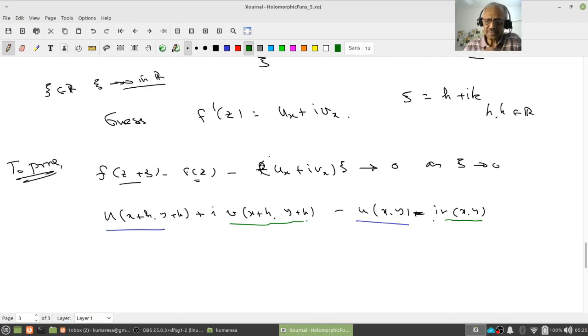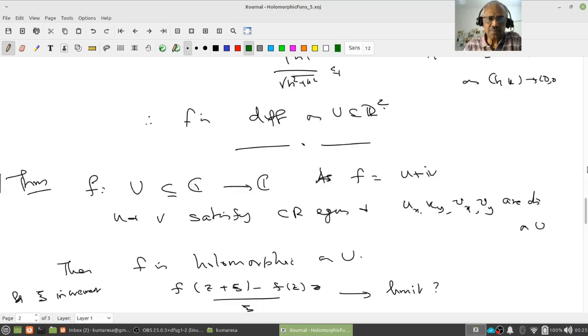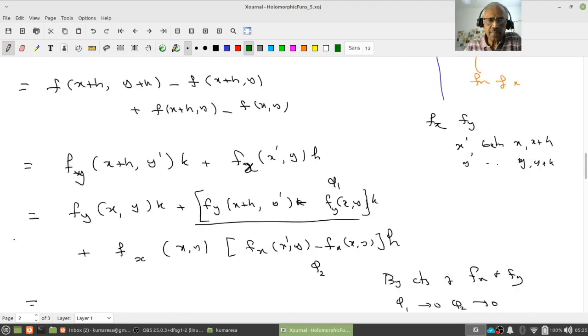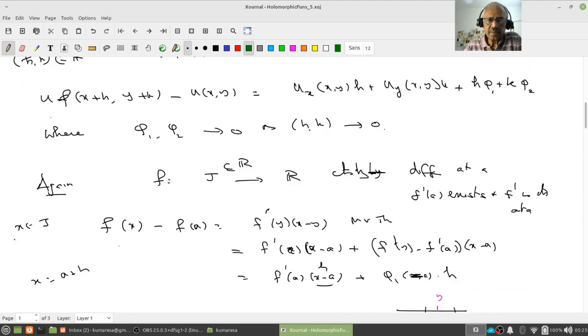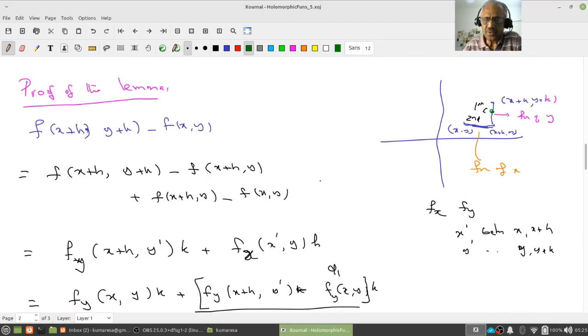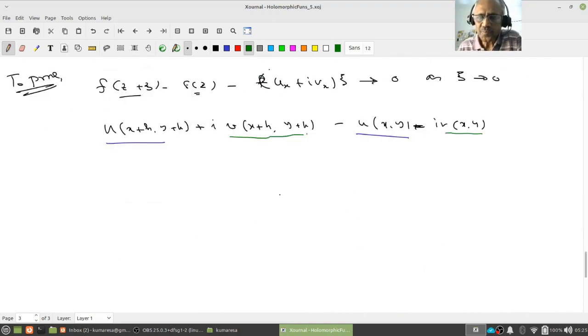Please go through that. If you want, let me just go through the lemma. See, ux into h, uy into k, and similarly for v also, plus h into some small term. Do you follow?